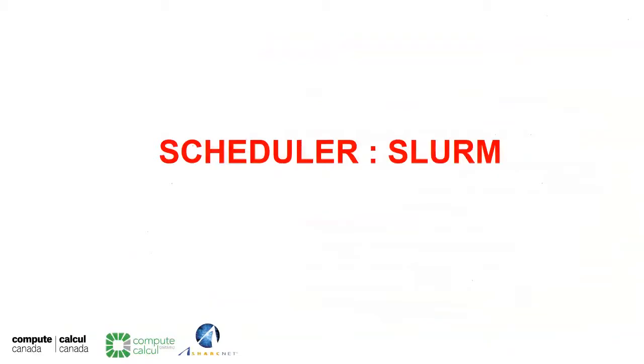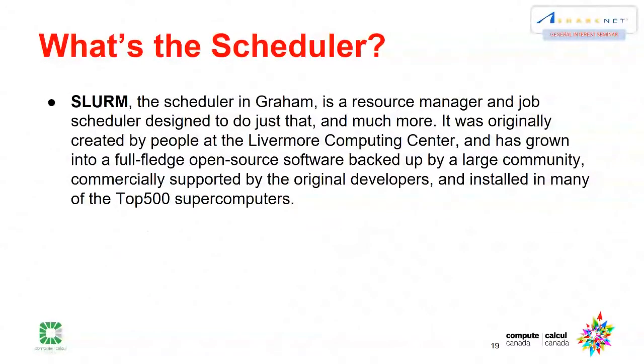Okay, now let's move to our scheduler, named SLURM. What is a scheduler? If you are used to a single-box Linux machine or Macintosh machine, you may not be familiar with a scheduler. SLURM, the scheduler in Graham, is a resource manager, because we have large-scale hardware resources with multiple hardware nodes.